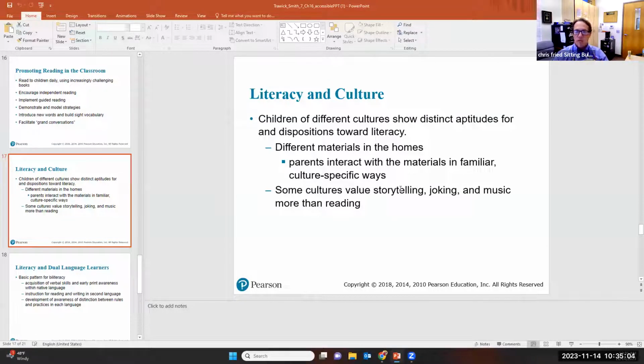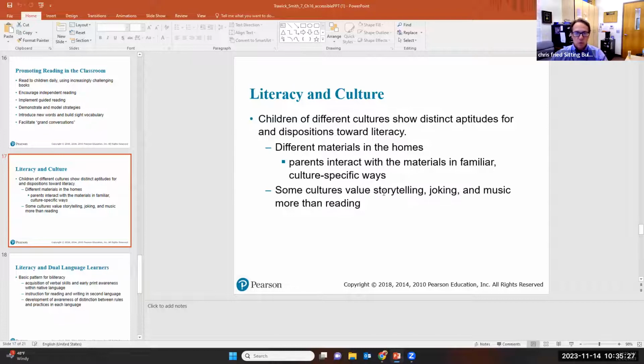Some are very heavily on the printed material and less on the conversation or storytelling. Okay, so there can be a variety of joking, music, etc. So some things can be in place in regards to literacy that take the place more of reading than reading a printed book, for example.